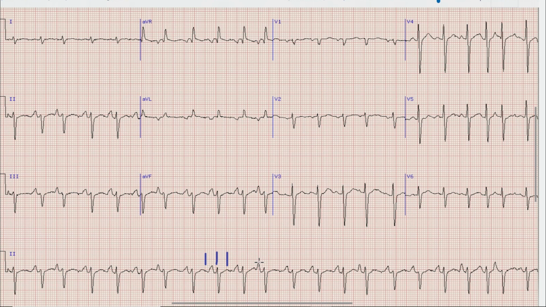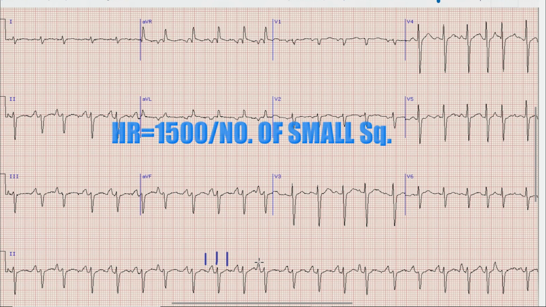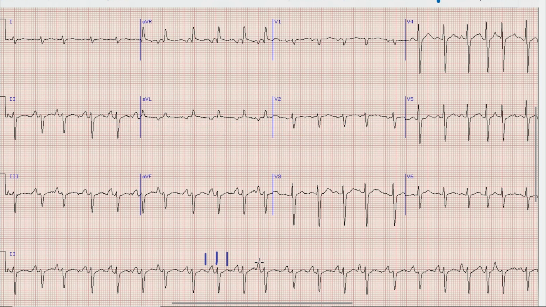In such cases where the heart rate is more than 100, to accurately calculate the heart rate, we can use another quantitative formula, which is 1500 divided by number of small squares between two QRS complexes.